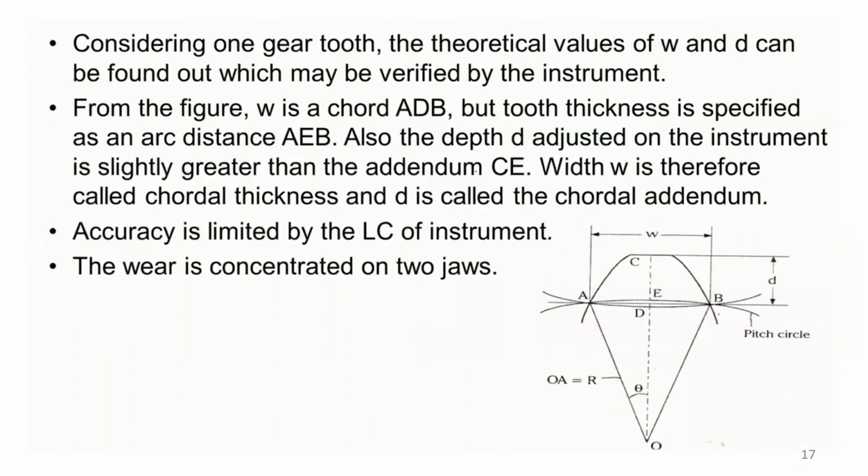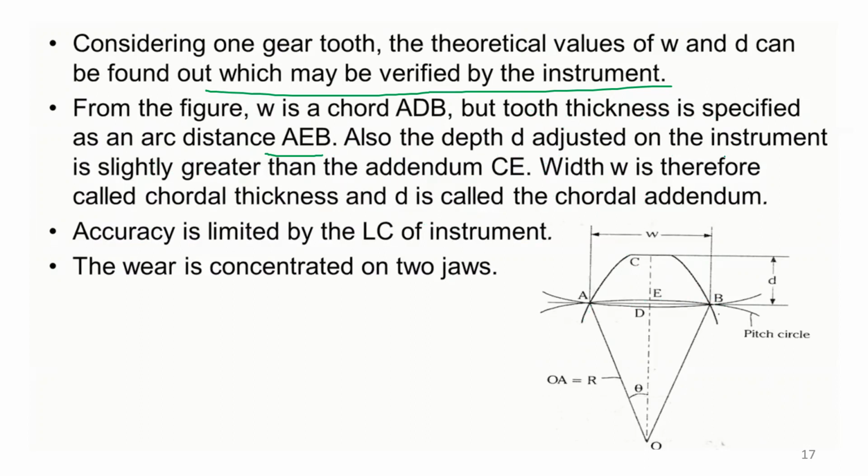So how do we measure W and D theoretically? Considering one gear tooth, the theoretical values of W and D can be found out and we can verify with the instrument. From this figure, this W is a chord length ADB, but tooth thickness is specified as an arc distance AEB.